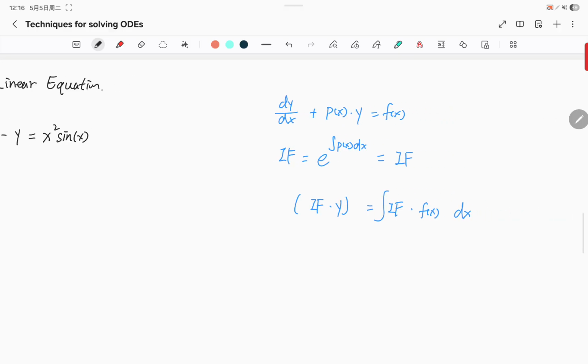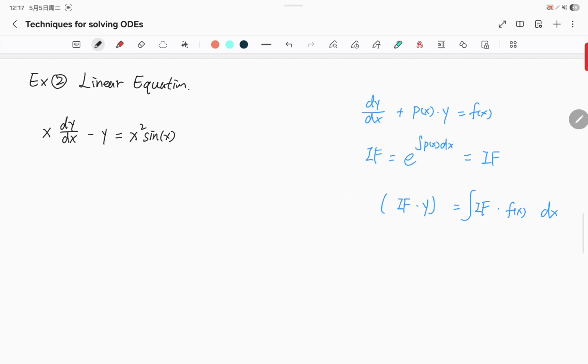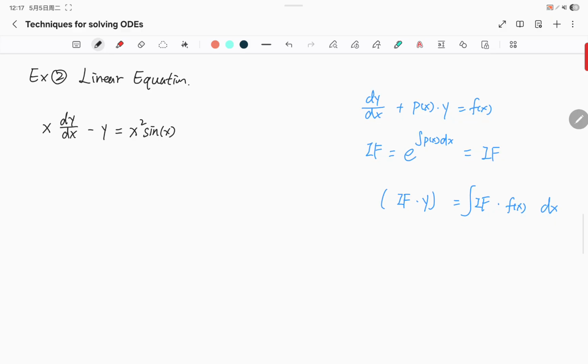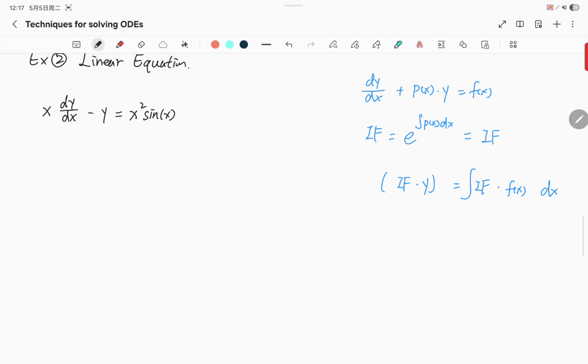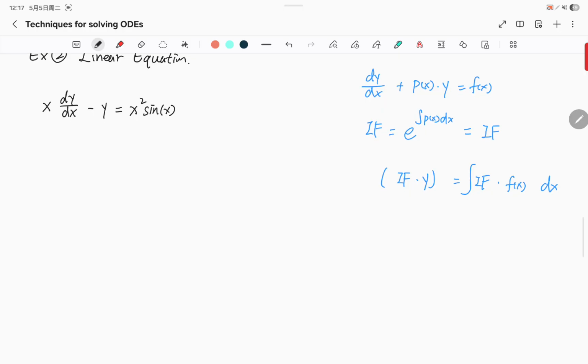This is the general form, meaning if we don't have this form, we're going to transform the question into this form before we can proceed. Is this what we have now? Nope, because we have x as the coefficient before my y prime, and here it is actually 1. So we're going to make sure that the coefficient is 1 before y prime. My first step is to divide by x to get rid of it.